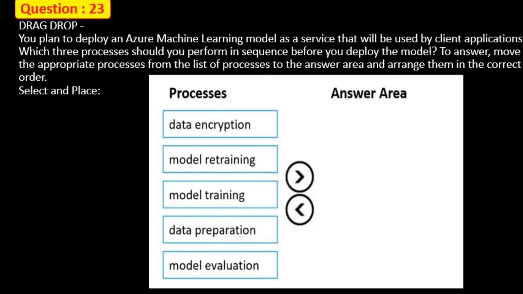Select and place. You can check as per given below. On the left side are some processes: data encryption, model retraining, model training, data preparation, and model evaluation. You need to move the appropriate processes from the list to the answer area in the correct order.